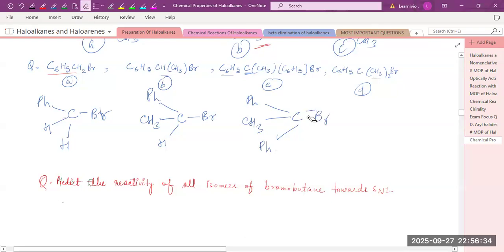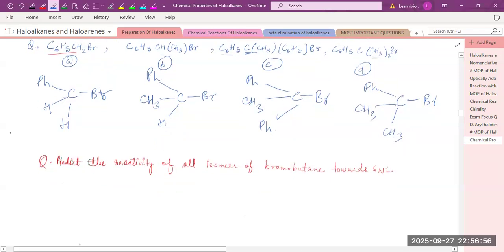Now the fourth one, draw the fourth one. So this carbon, here the bromine group. There are two methyl groups, and one phenyl group.